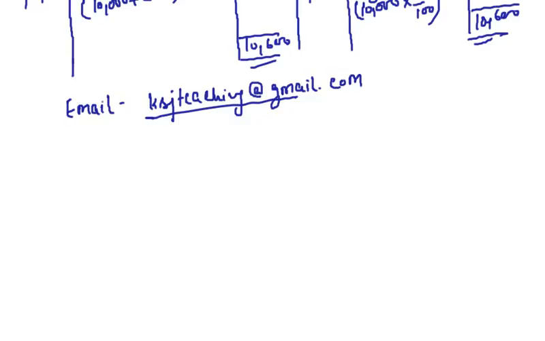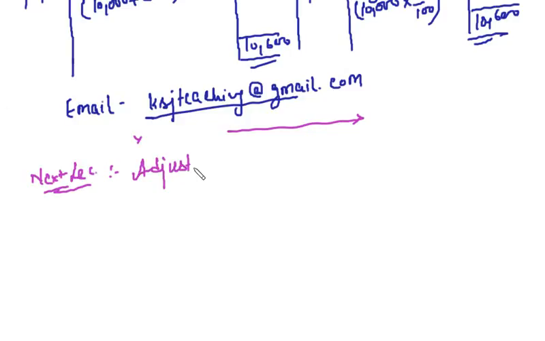Okay. So what we are going to do in the next lecture? In the next lecture, we are going to do a new topic, that is adjustment of capitals in case of retirement. Right?